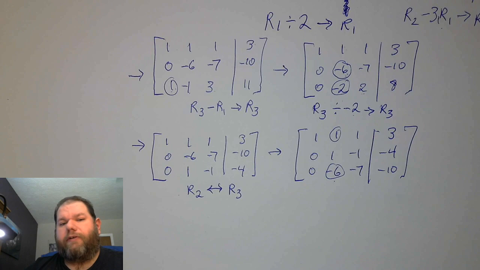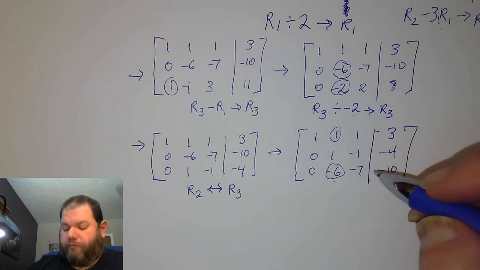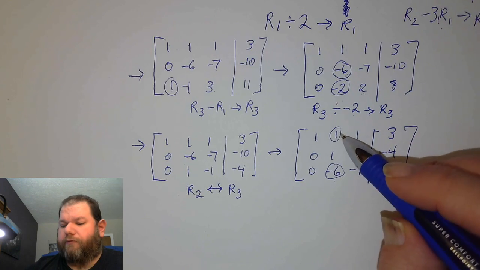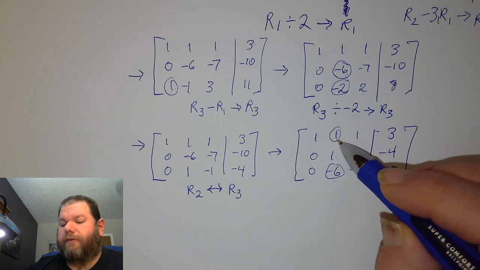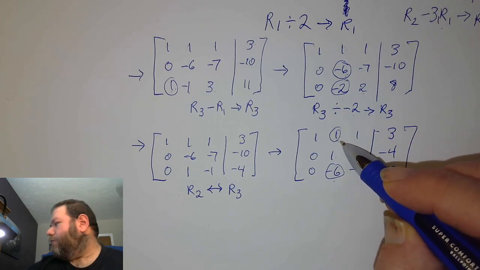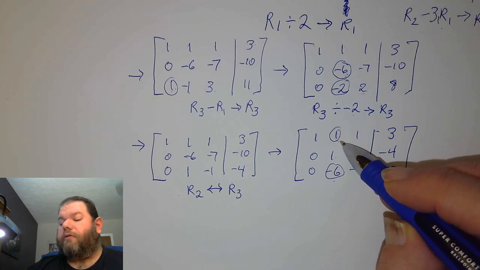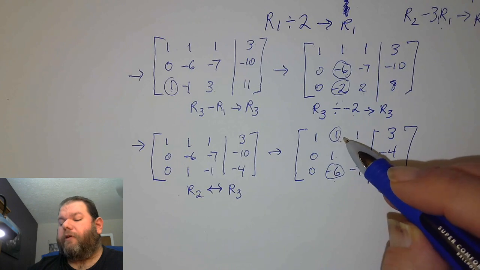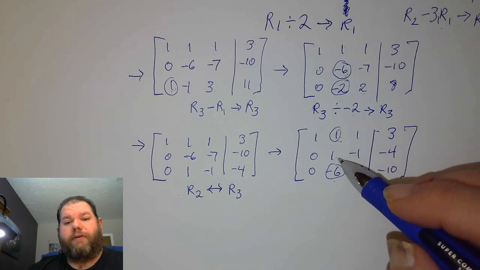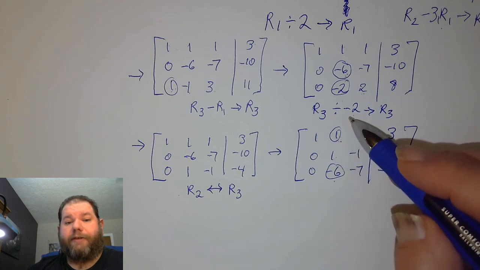Let's go ahead and try 2 steps at once. How can we use row 1 and row 2 to make that a 0? Well, since they're both 1s, then that means we just need to subtract them, right?